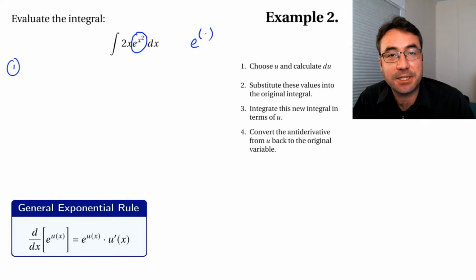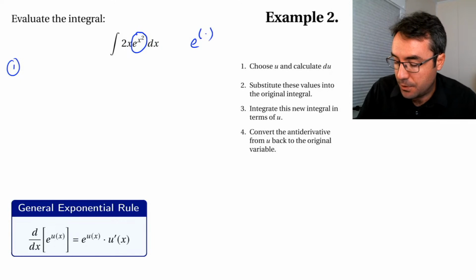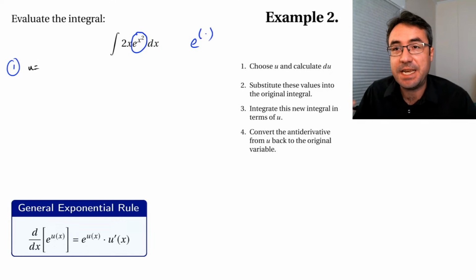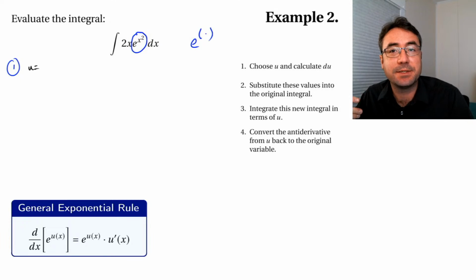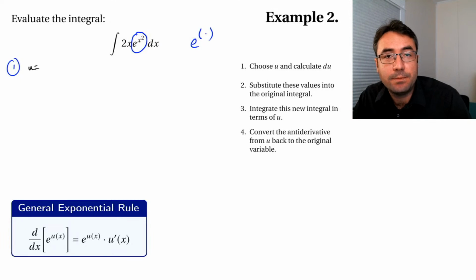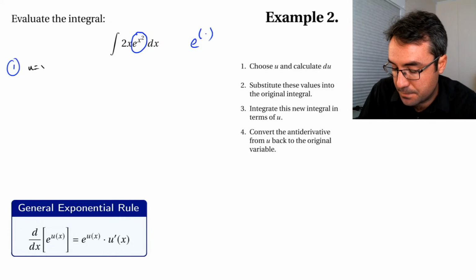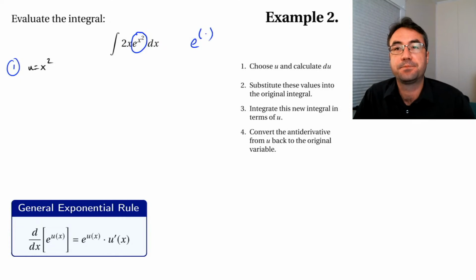And the term in the exponent there is not just x. There's more to it. It's x squared. So we see that we have this e raised to the something format. So we're going to let u equal the term that's inside the exponent. So we're going to let u equal x squared. All right.